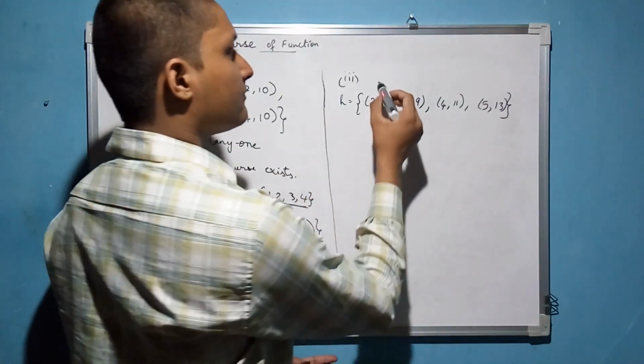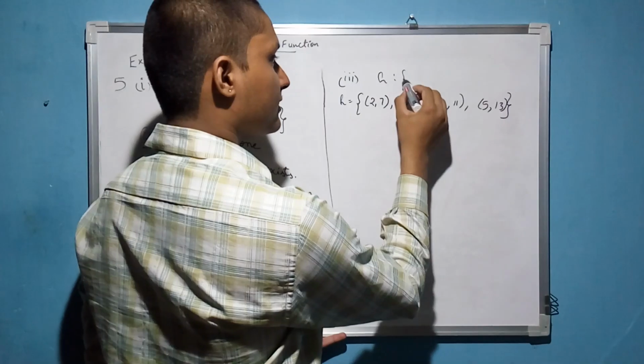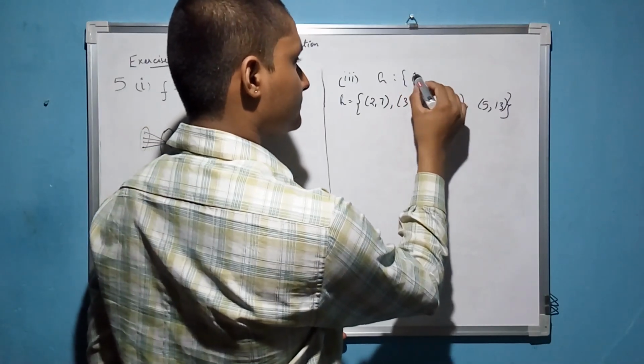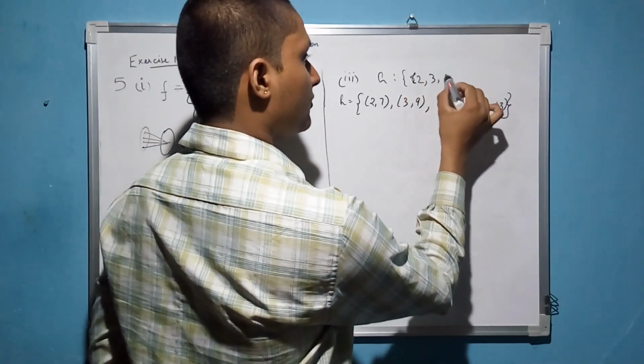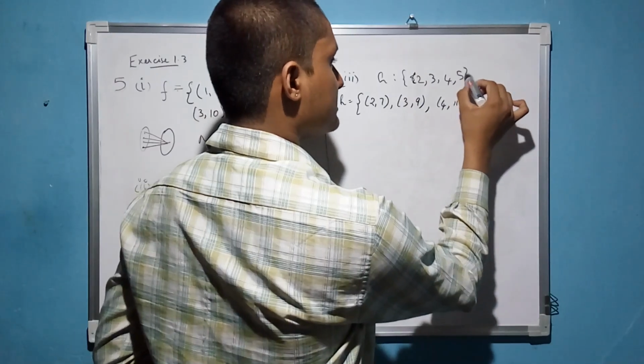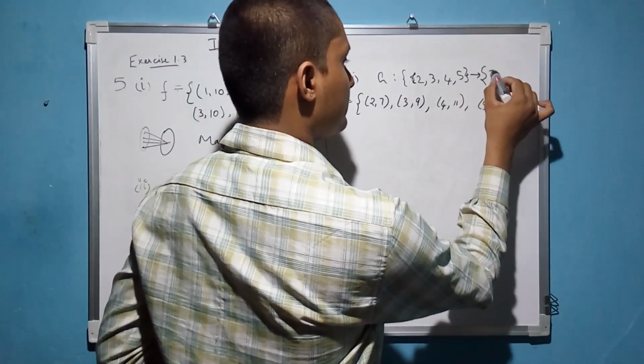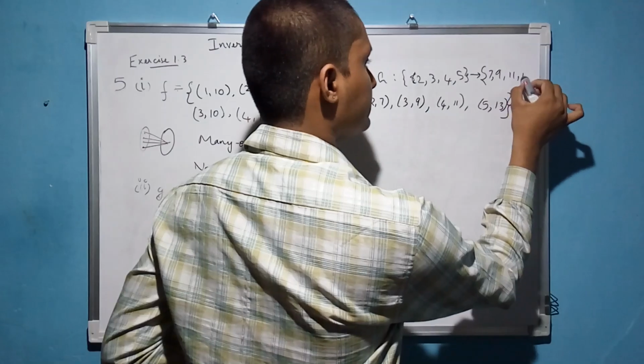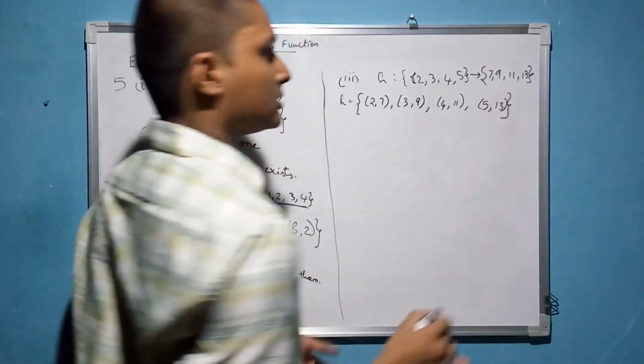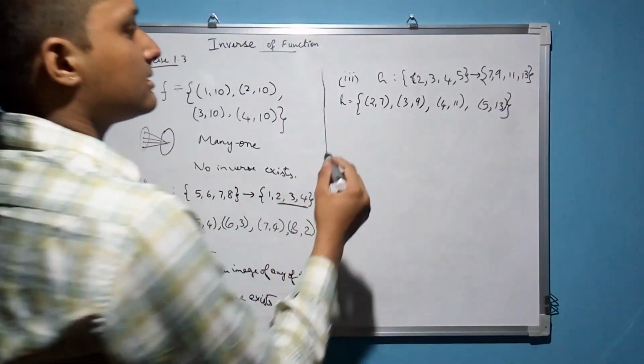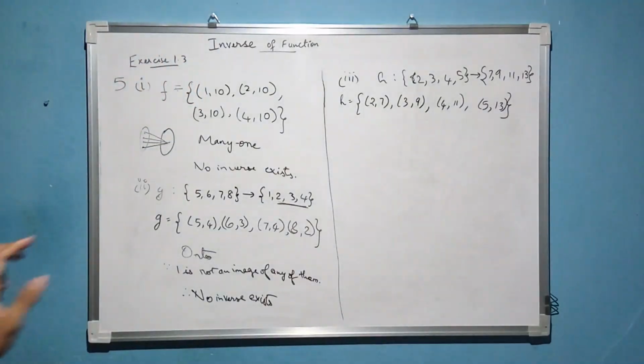So you have the function h, from the set 2, 3, 4 and 5 to the set 7, 9, 11, 13, right? So this was given in the question. Based on this, the given function is given here. From this you can find out that each of them has only 1 image. That means it is a 1-1 function and not a many-one function.